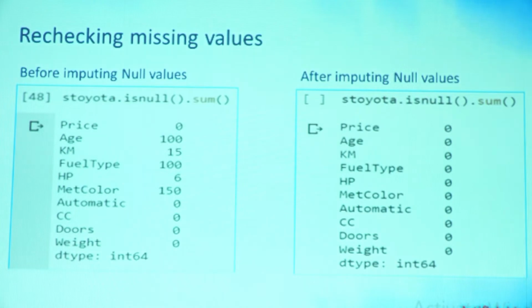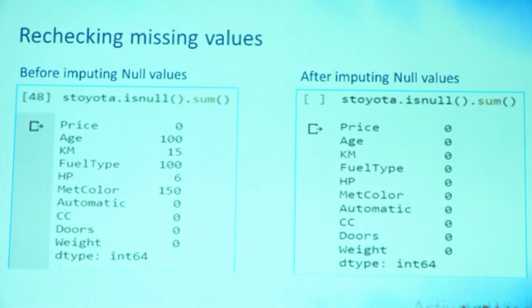Please check the null values again. So see here, before imputing null values, there were 4 columns which were having our attention. You can see now after imputing, there are no null values. So you have successfully imputed all the null values of your data.